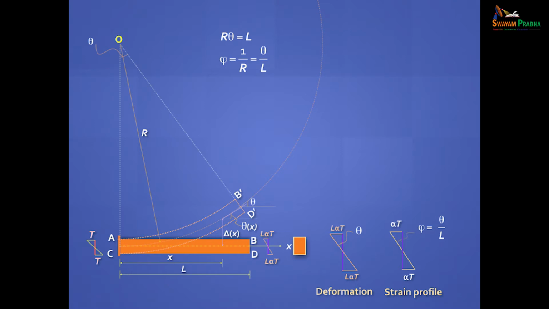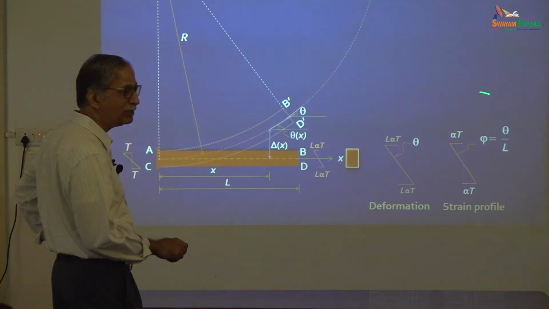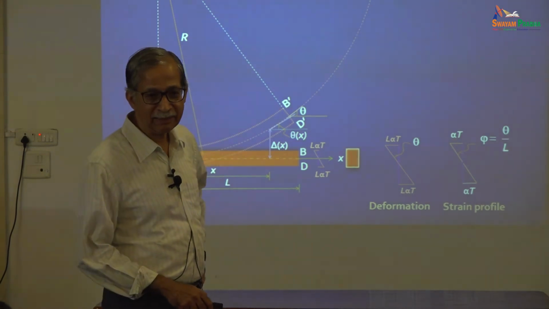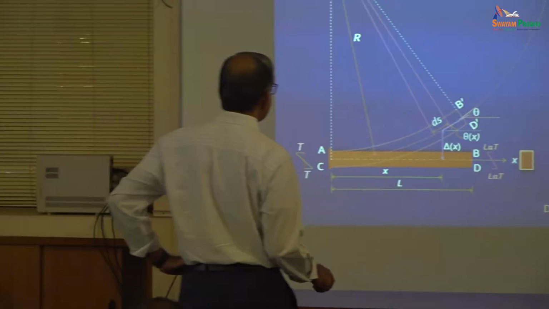From the strain diagram, because these equations match very well, this curvature, phi, is theta by L. So remember this: if you know the strain distribution, and it's a linear distribution, you'll get the curvature at any section by this simple definition.